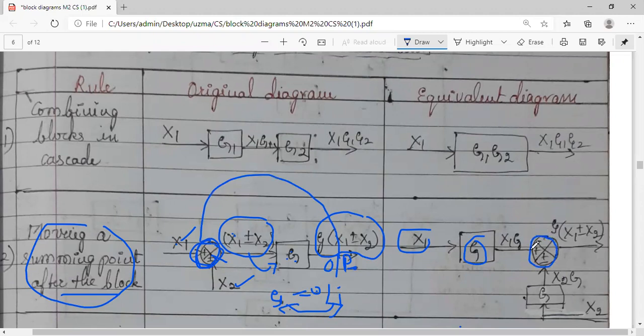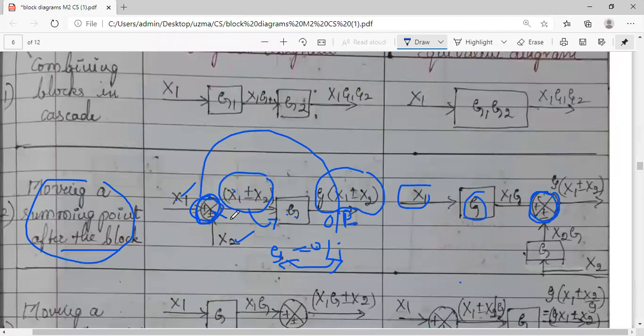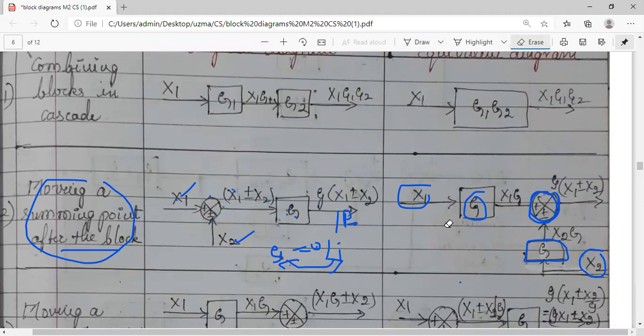If the block is moved here, then you have to take this second signal. It will also be passed through a block which is having the transfer function G. That is the change.